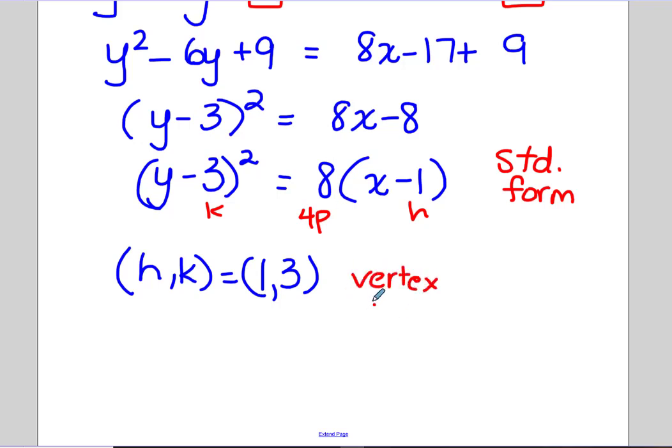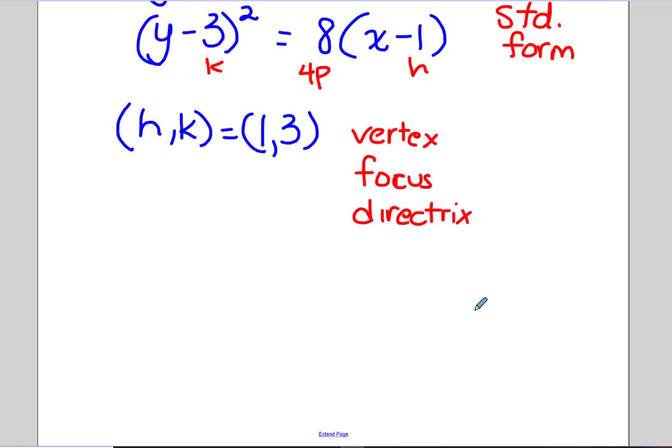And we need the focus and the directrix. And like we said earlier in the last example, if the hk is at 1, 3, and our 4p is 8, then p must be 2, and it's a positive 2, and it's in the y squared format, so our parabola is pointing this way.